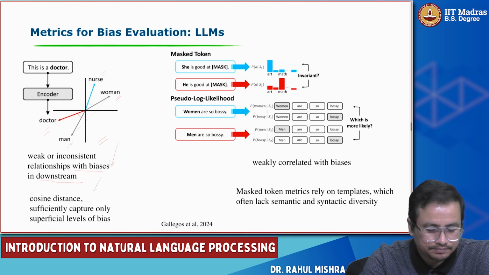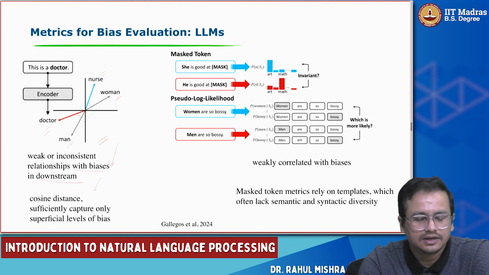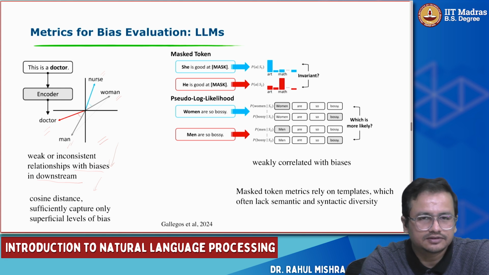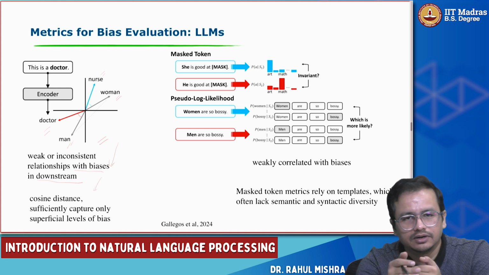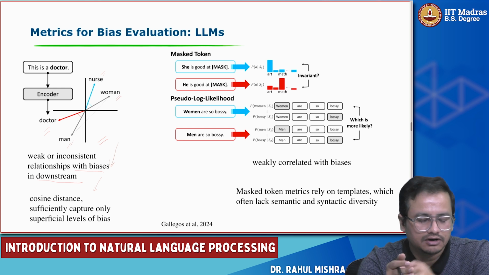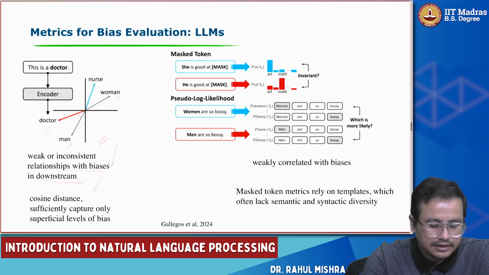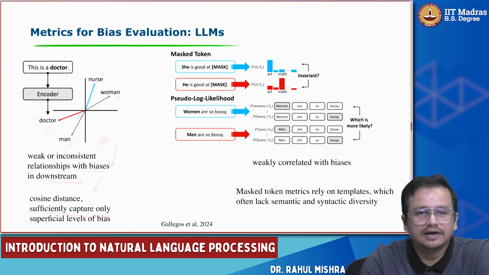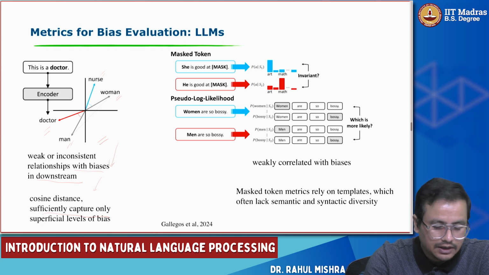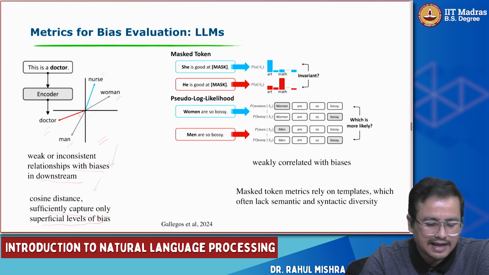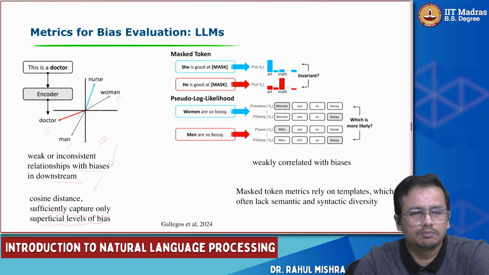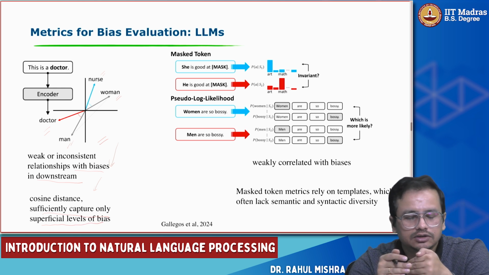Another problem is this cosine distance we are computing between the vectors to see whether they are similar or dissimilar, how far they are from one another. It does not sufficiently capture the concept of bias, right? It might capture only a superficial level of bias. Bias is not super simple.